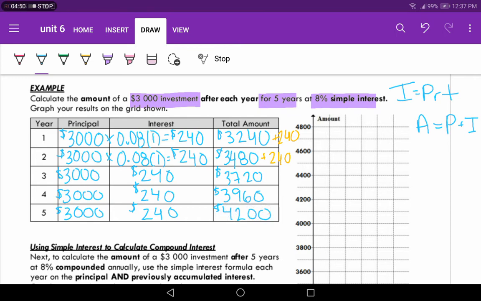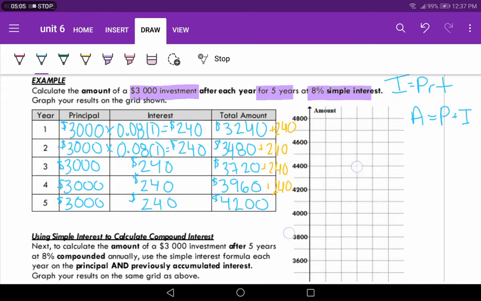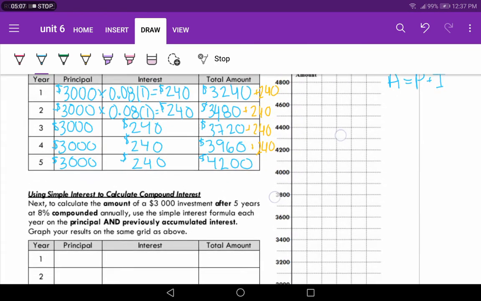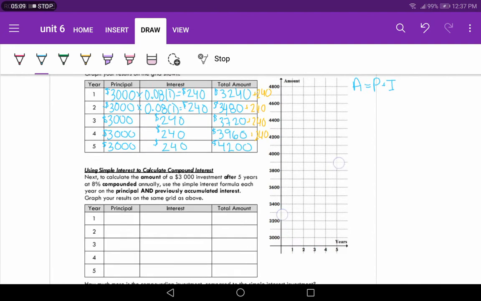So after the 5 years, if I continue to add $240 in interest each year, I'm going to end up with a total of $4,200 after 5 years. Okay, so it wants us to also graph our results here.